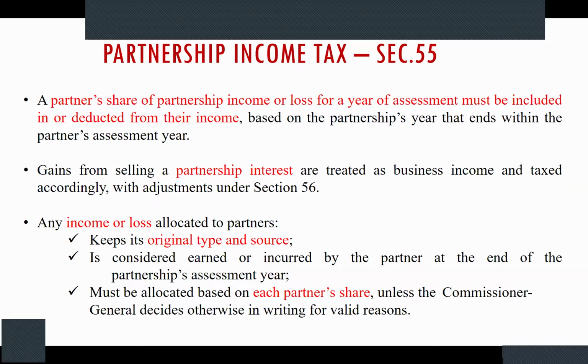Then the next provision. All these provisions are in summary form, as I explained earlier. Please read the related section in the Act. It is available in three languages. So, any income or loss allocated to partners.